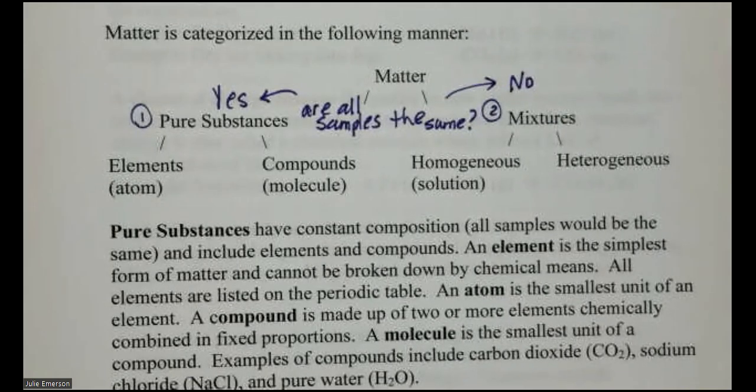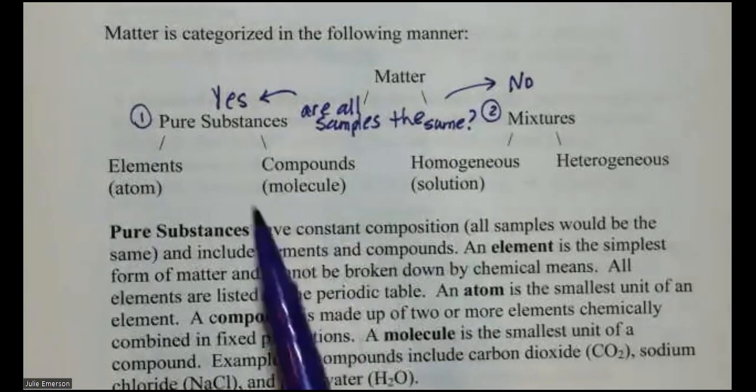If I made it, how did I make it? Did I put 10 grams of salt into a liter of water, or did I put 100 grams of salt into a liter of water? Because it's a mix of substances, there's nothing fixed or constant about that composition. It's variable. So that's how you can tell them apart. So pure substance, all samples should be the same. If it's a mixture, the composition can be variable.